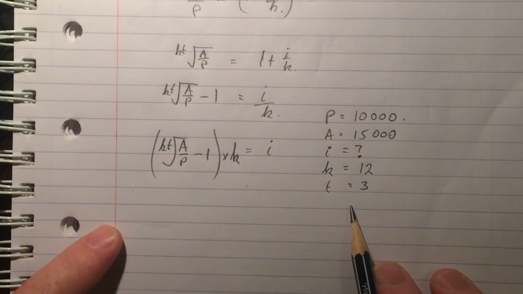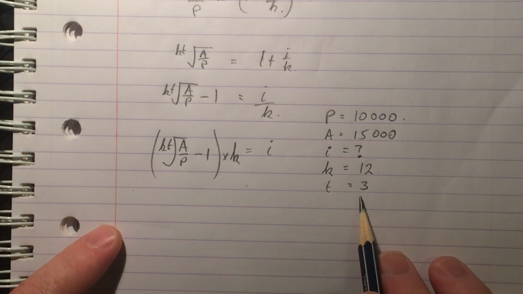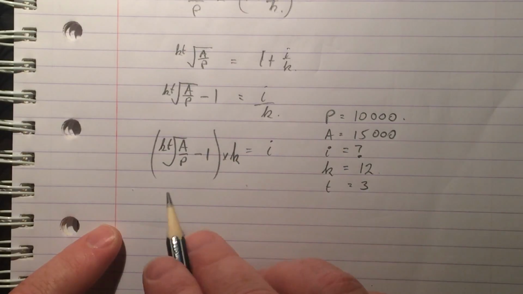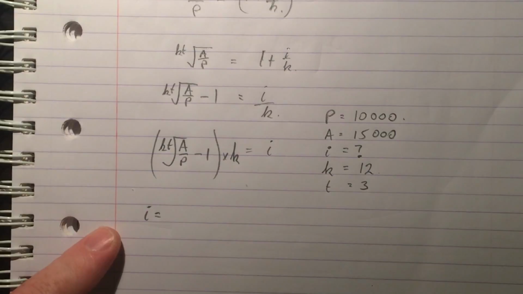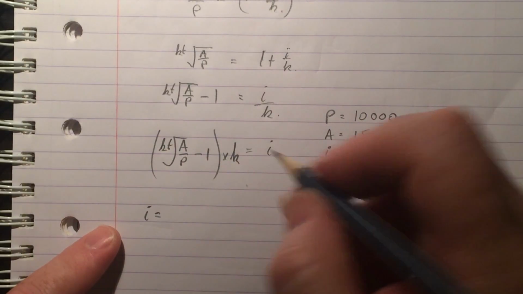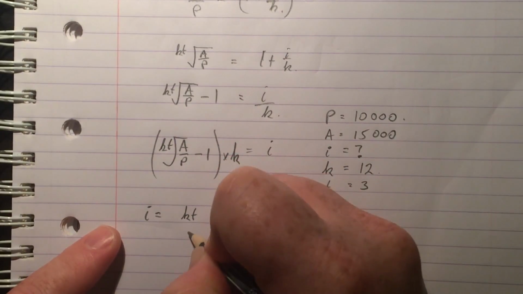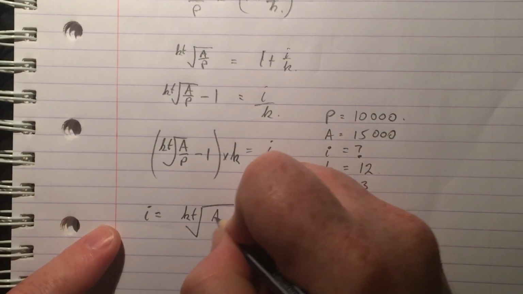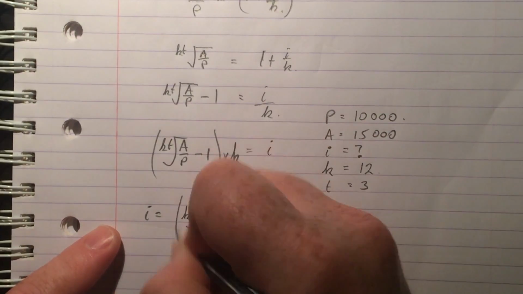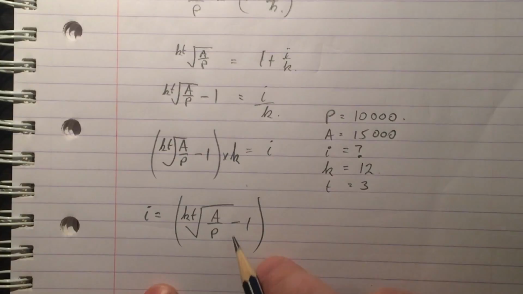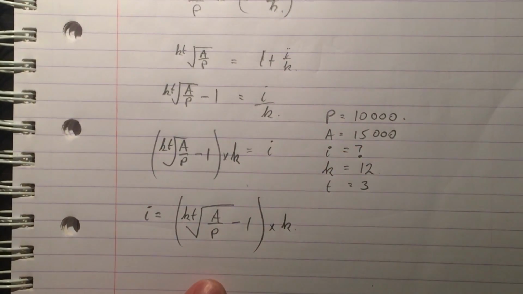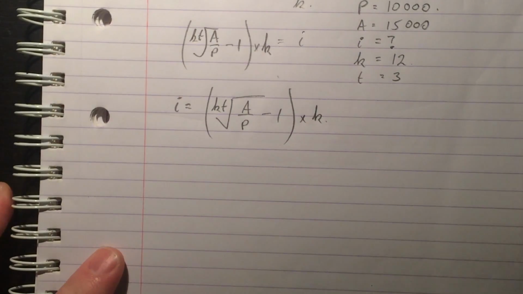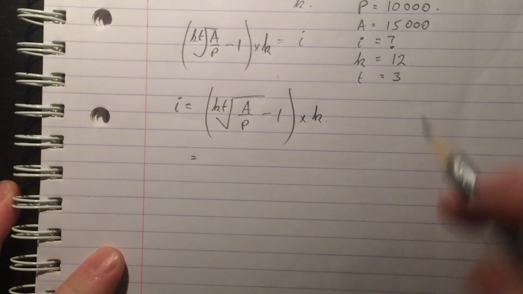Alright, so what we're going to be doing is we'll just use our equation here. So the equation is I equals kth root of A over P minus 1, times K. So we'll substitute our values in.